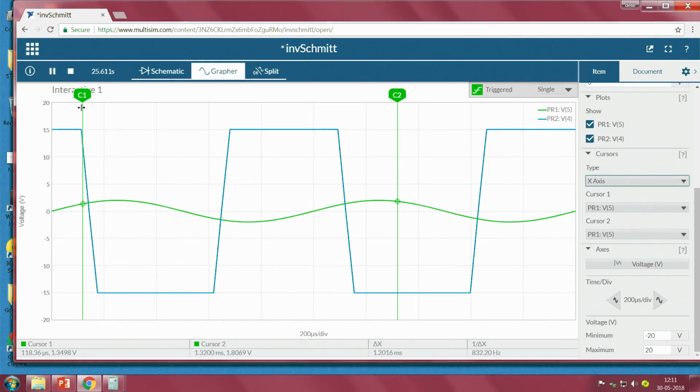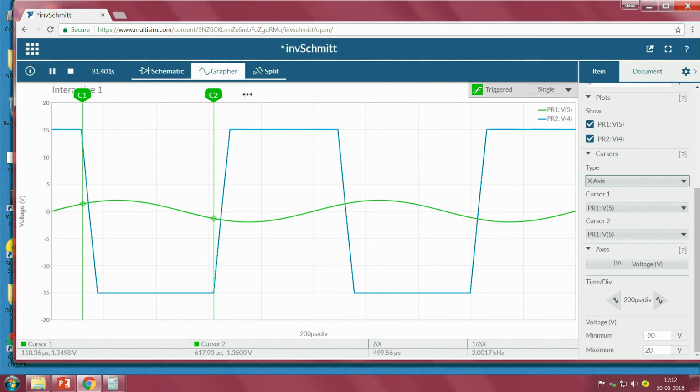I will take another cursor, we can visualize it in cursor 2 here. Slowly move and observe this minus 1.35. Then it is initiated to plus VCC, right, it is clear.